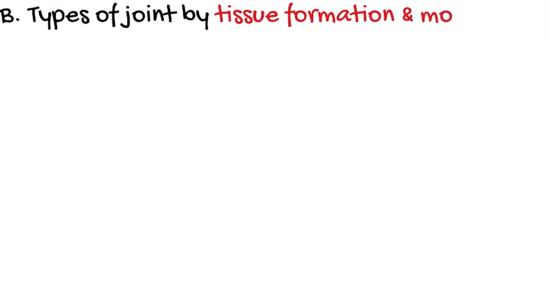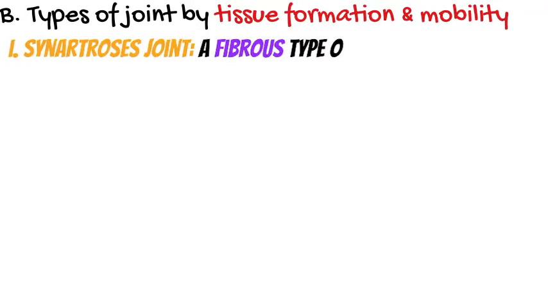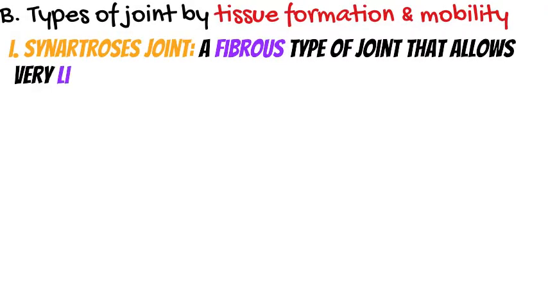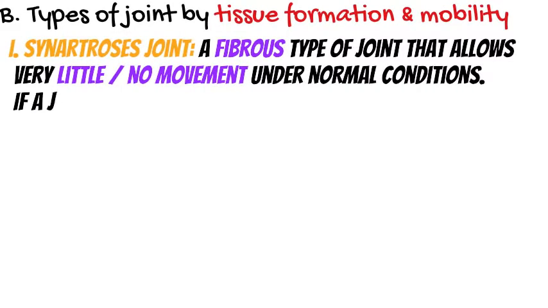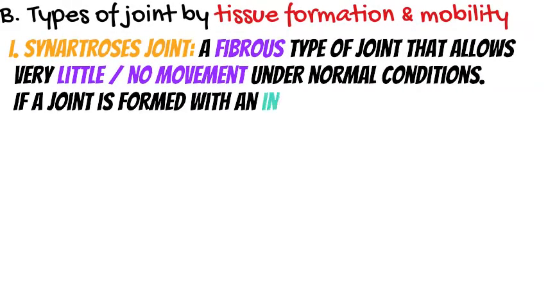B. Types of joint by tissue formation and mobility. Number 1, synarthrosis joint is a fibrous type of joint that allows very little or no movement under normal conditions.